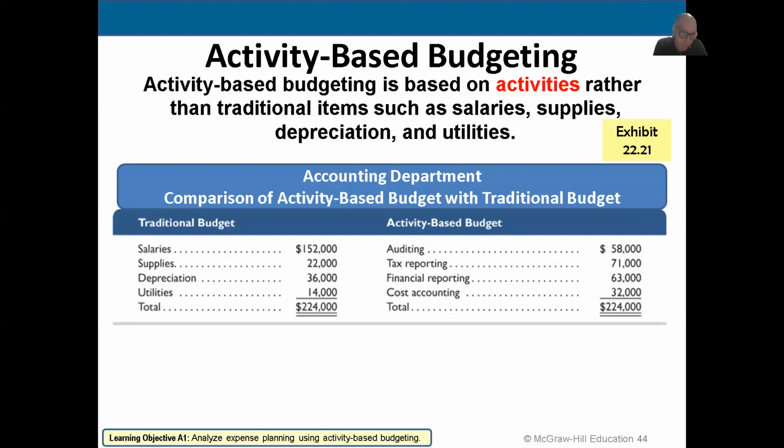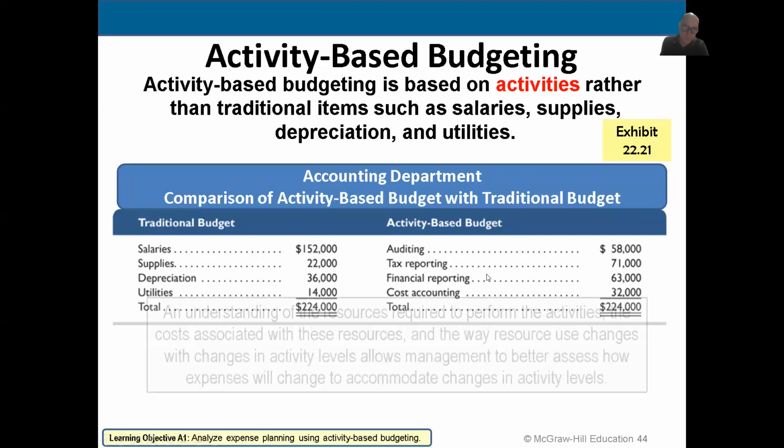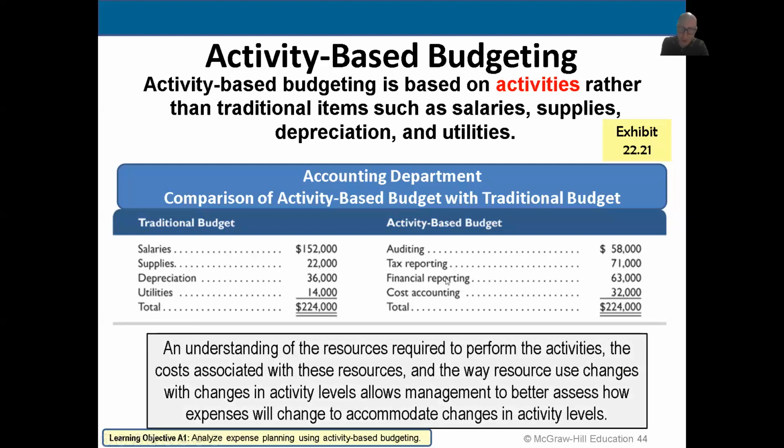Those operations help us to formulate the budget. It works the same way as traditional budgeting. It's just a matter of classifying the individual line items into activities instead of traditional line items. Just another way of looking at it. That's all.